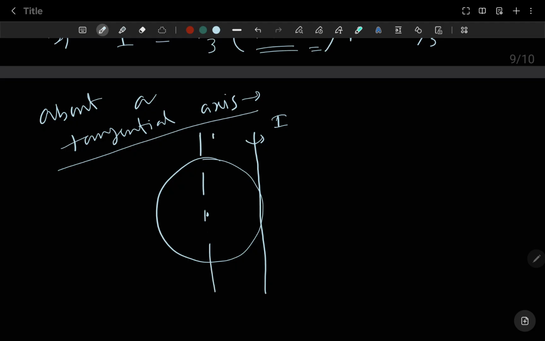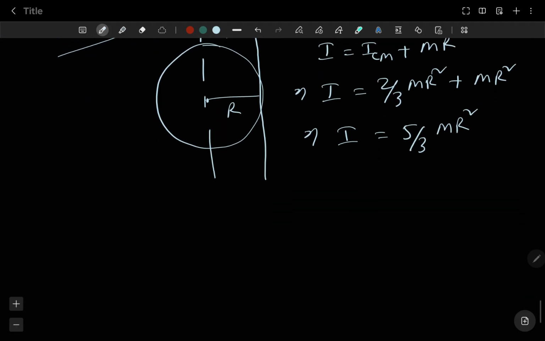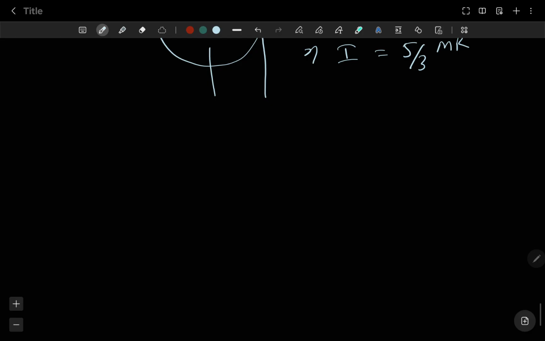So this is ICM, the radius is r, so I is ICM plus m r square. Already you know ICM, the diametrical axis formula, 2 by 3 m r square, plus m r square. It becomes 5 by 3 m r square. Alright, clear? Fine.